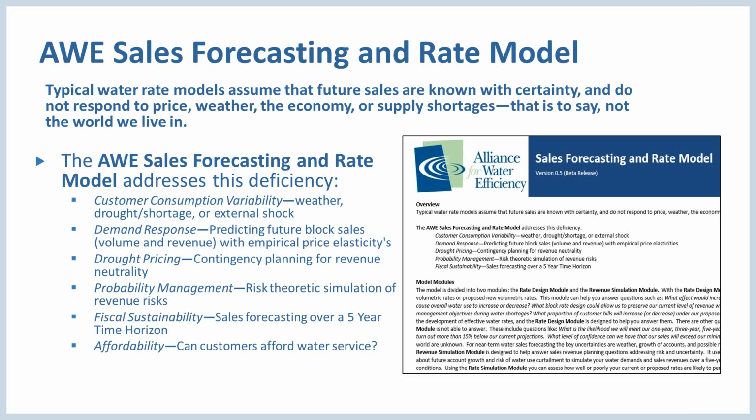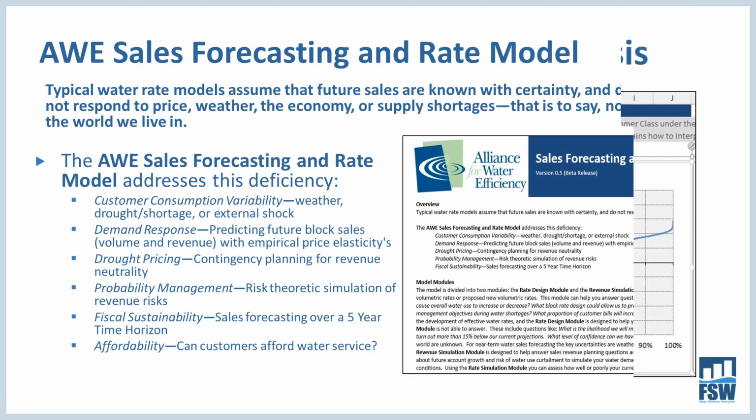It has a risk-theoretic simulation of revenue risks that we'll get to see illustrated. And it's set up with forecasting over a 5-year time horizon, so you can understand how these risks accumulate. It also provides metrics on affordability. Next slide.